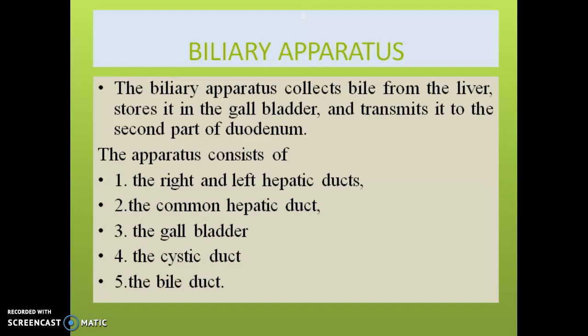It runs downward for about 3 cm and is joined on the right side at an acute angle by the cystic duct to form the bile duct. The third duct is the cystic duct.